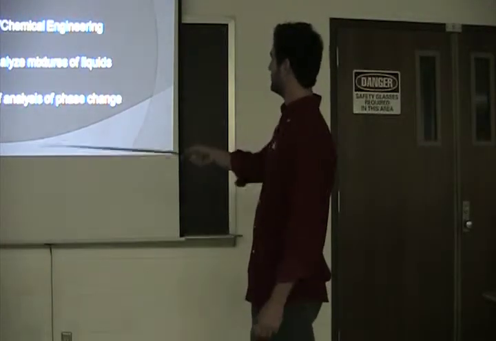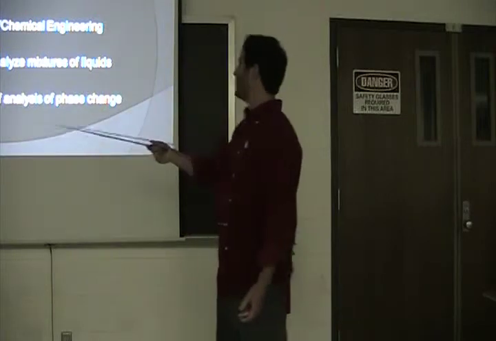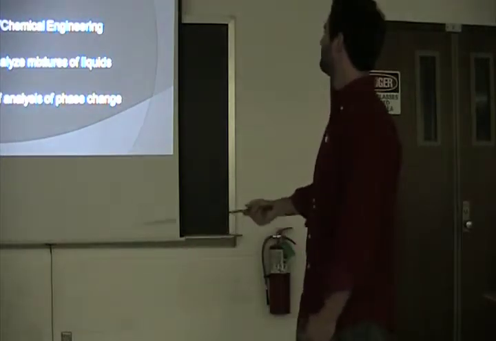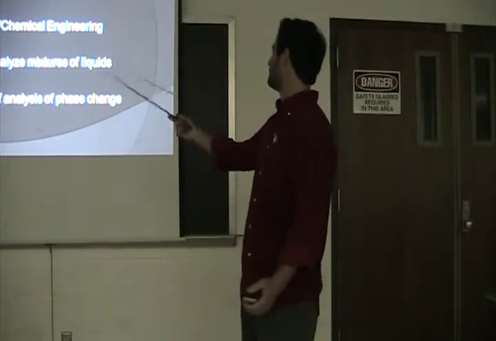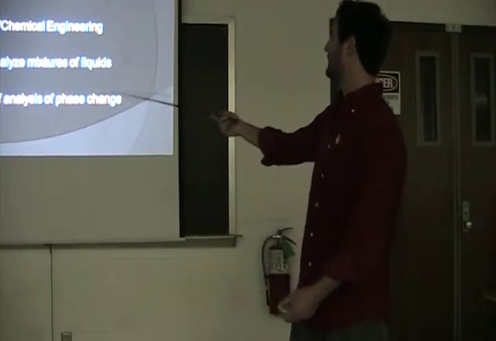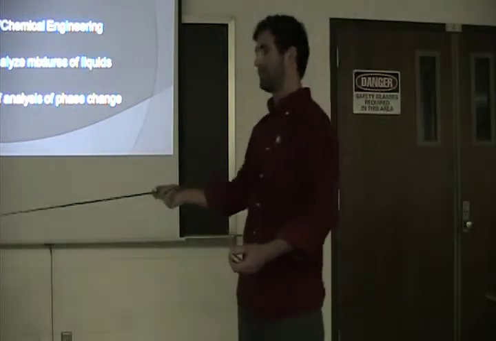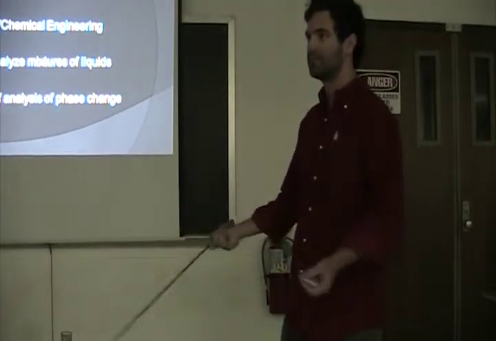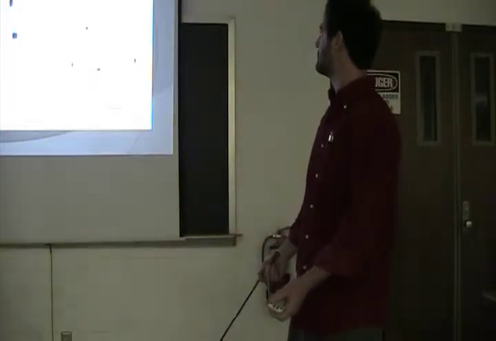This is relevant anywhere you have some kind of phase change, mostly between the gas and liquid state. If you're working with some kind of mixture of liquids, you're probably going to want to find out their enthalpy of formation, because everybody remembers that when you have mixed liquids, the properties change.